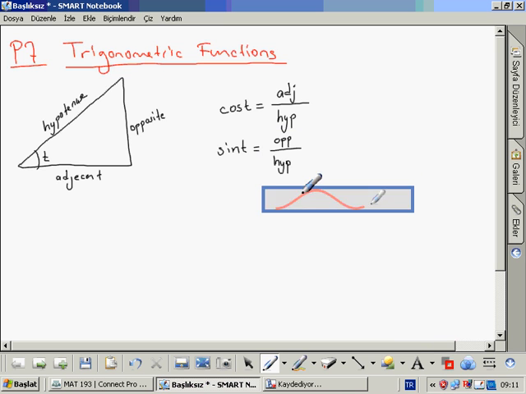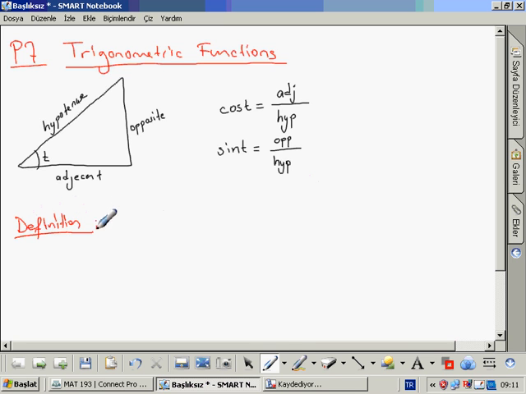And you know that, and the definition: the radian measure of angle AOPt is t radians.